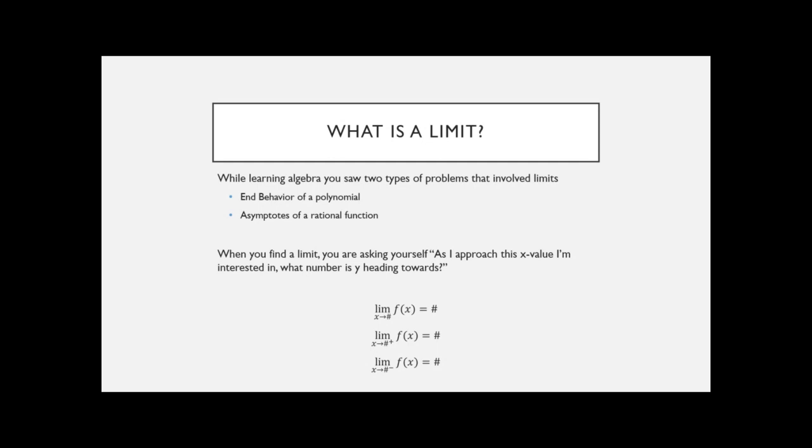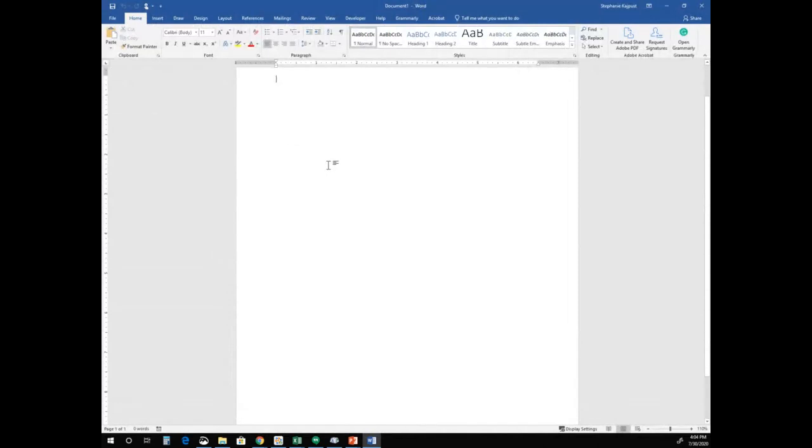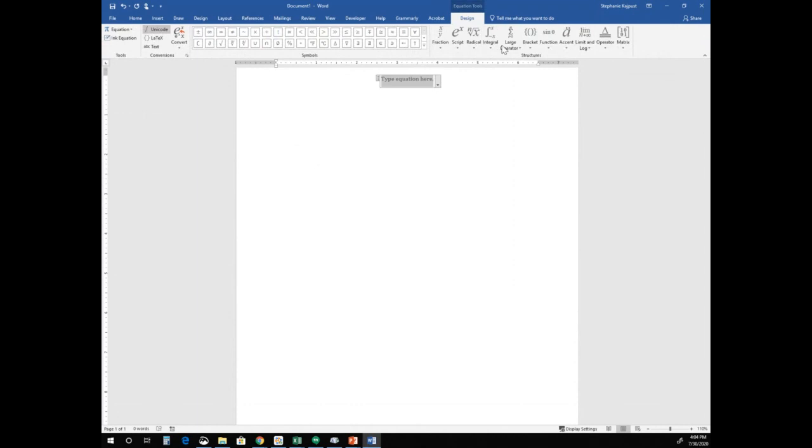Let me show you where that notation is. When you go to Insert and Equation, the limit part is under this Function category right here. This is what you're going to want, the limit.